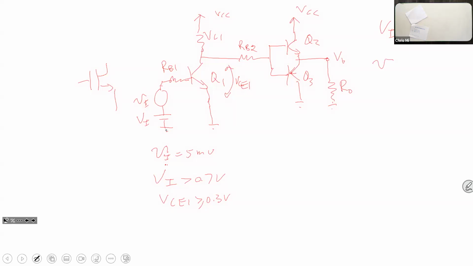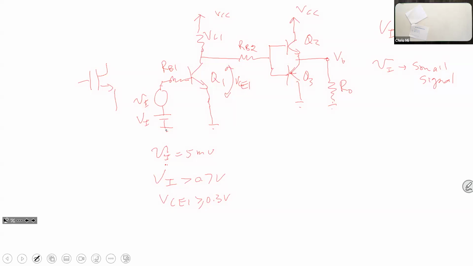That little vi is called a small signal. We're trying to amplify little vi, so we're making vi larger, adding little vi to the big VI.